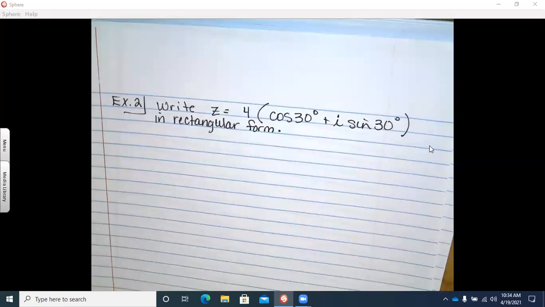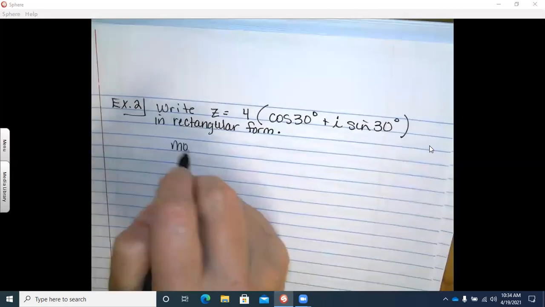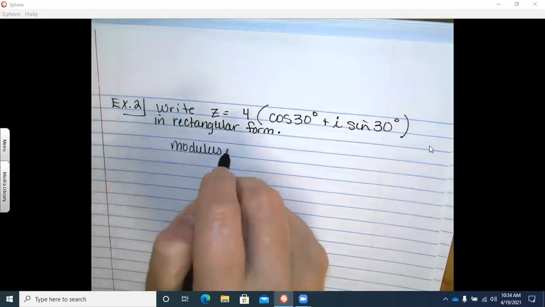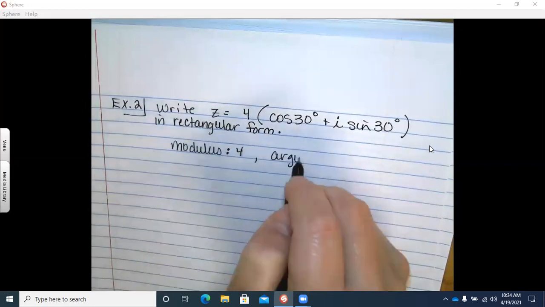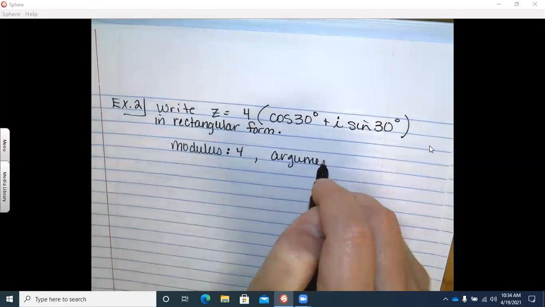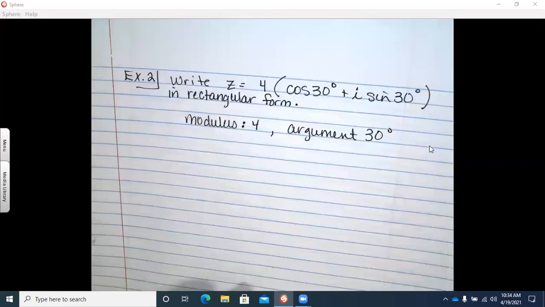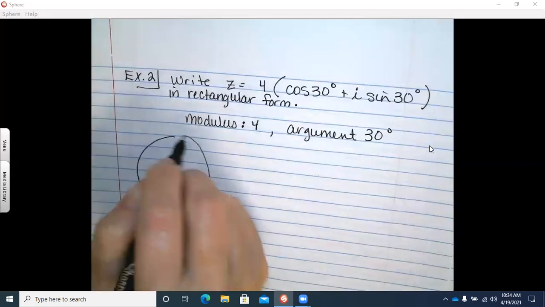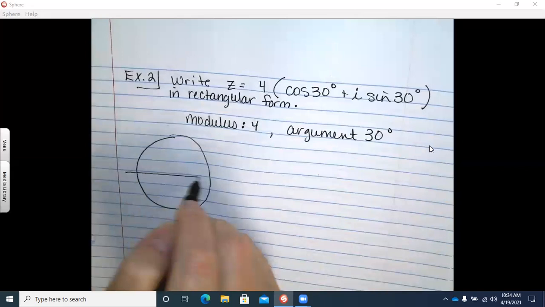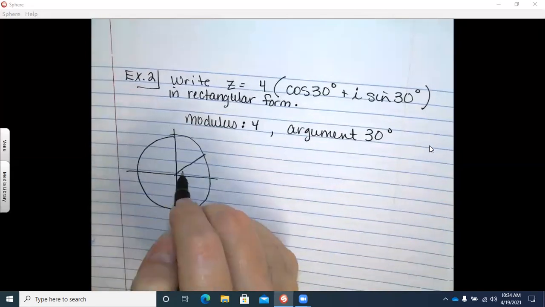All right, so what is my modulus? 4. What is my argument? Do we know the exact sine and cosine for 30 degrees? It's in the unit circle, right? We don't need to use our calculator. 30 degrees is in quadrant 1.